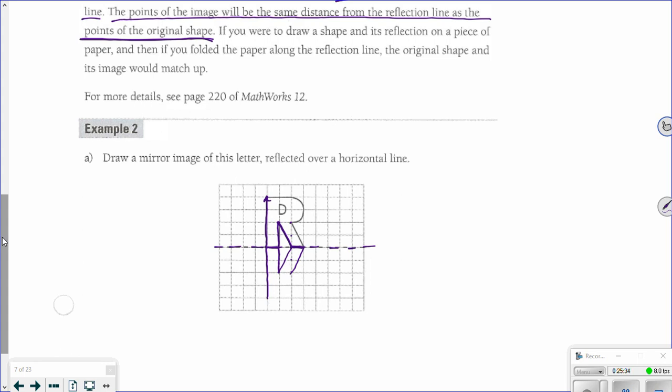Curves are harder. I would maybe use this point right here as my first point. So that one goes 1, 2, 3 up. So from there, I need to go 3 down. My curve is kind of going to stop somewhere in there. This point up top is 1, 2, 3, 4 up. So 1, 2, 3, 4 down is going to be the other half of my curve.